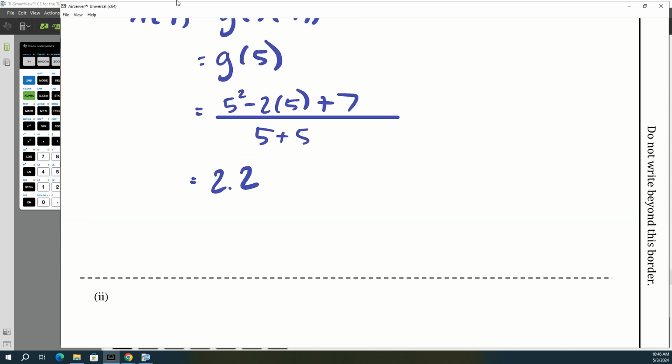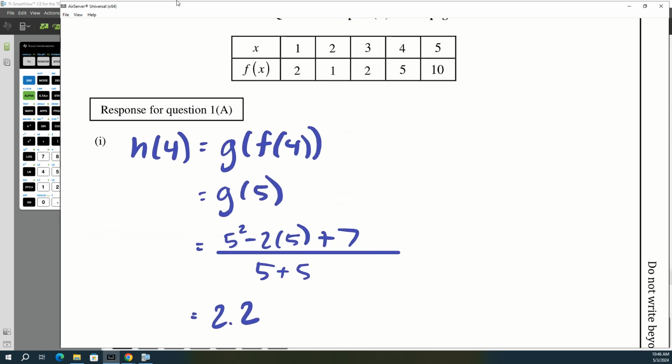If we're trying to find f inverse of 10, what exactly are we trying to find? Right, we want to find when this function f equals 10.